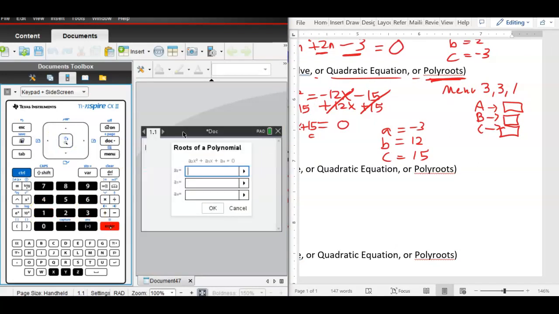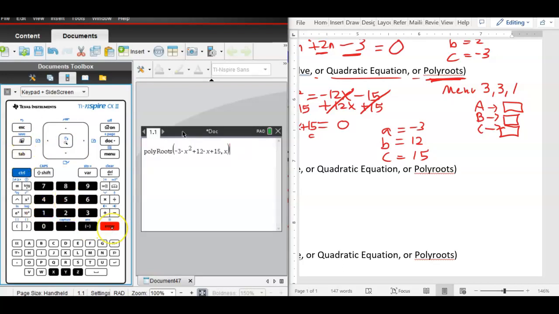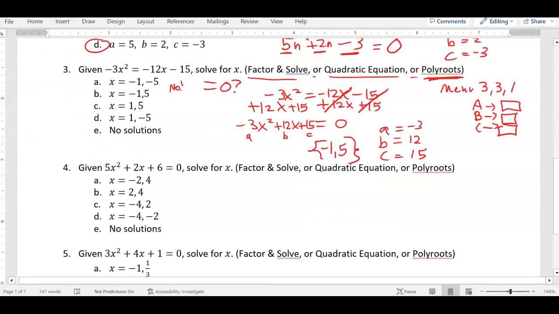Hit enter, plug in negative 3, 12, 15. Hit enter twice, and then one more time, and it'll spit out the answer, negative 1, 5. So I got negative 1, 5 as my solution. And that means my answer is B. Please don't get messed up on the negative signs. Only the one has a negative. So that's it. Cool.